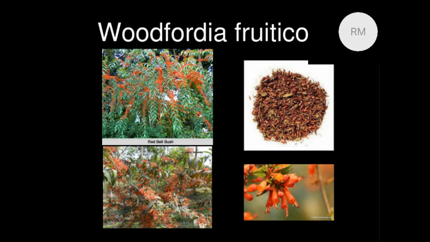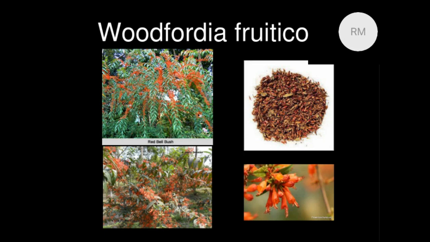So you can see here, this is the form in which it is used for medicinal preparations. It's dried, after it has been collected from the plant. And here you can see how it is live on the plant. It's very red, beautiful flowers. And these flowers themselves we can use for a variety of conditions. It's very good in controlling fevers.